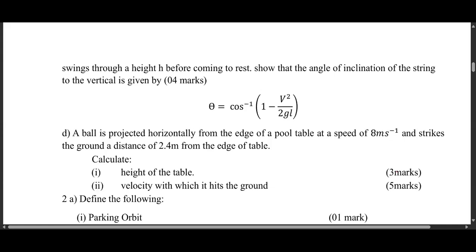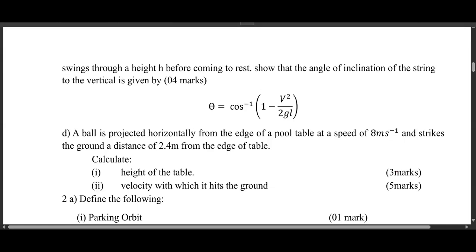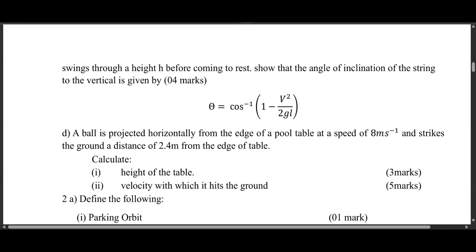So we shall come and have an illustration of this. So part D, we have our table here, and this ball has been projected horizontally, but afterwards it produces a trajectory.